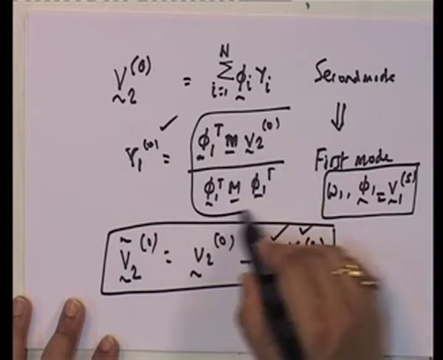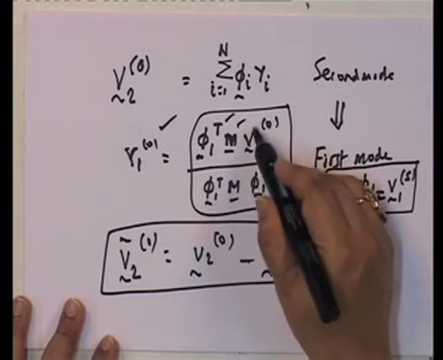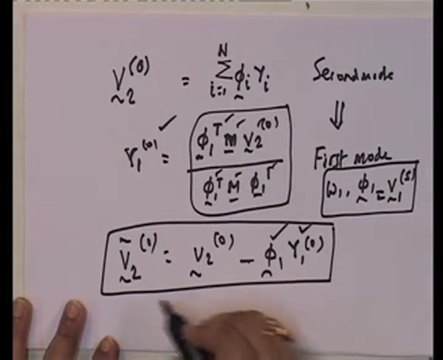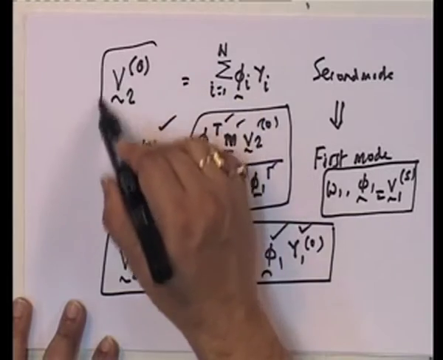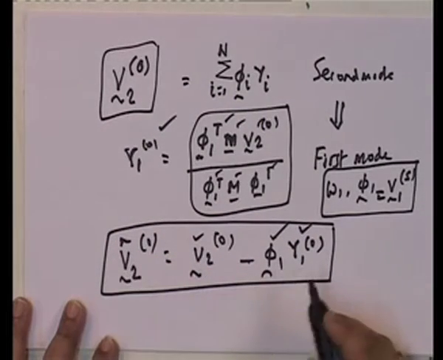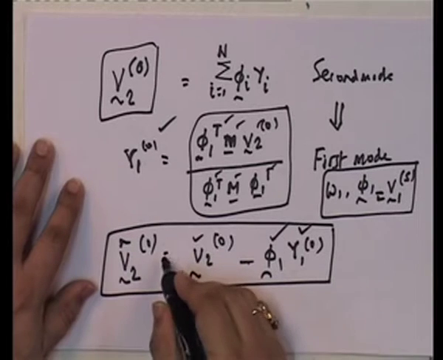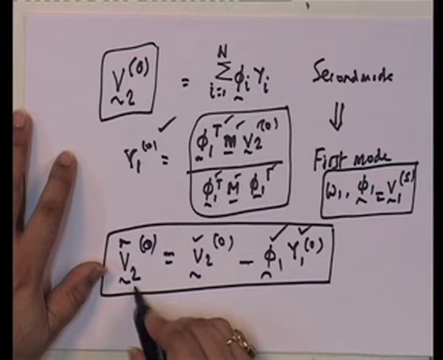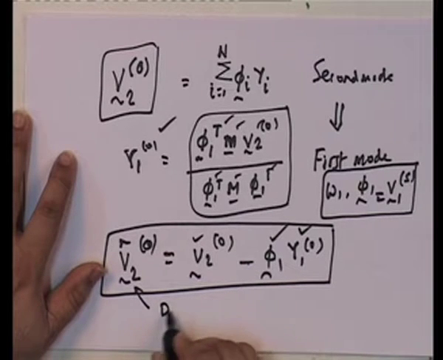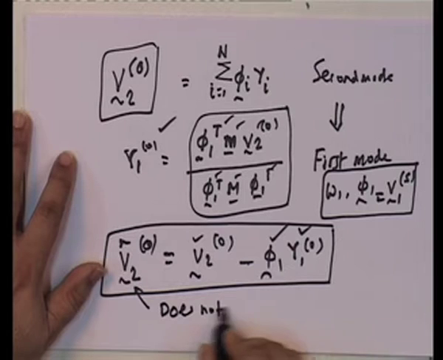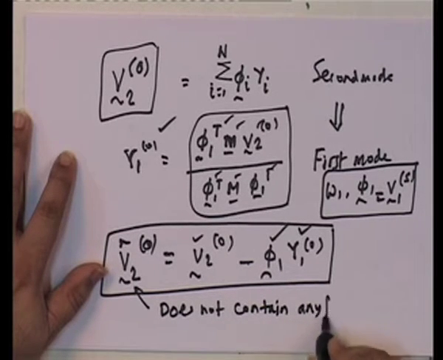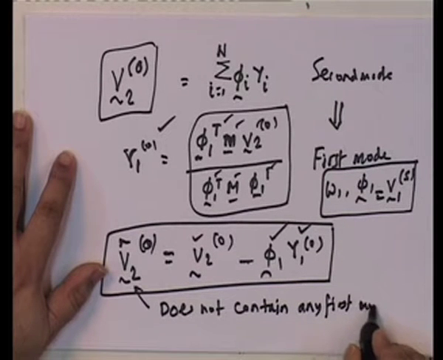From this, where I know this, and this. So I can find this out. Once I find this out, I know this and this. I know this because that's what I started with. Okay, I can get a new value. Okay, a new value. This one does not contain any first mode contribution.